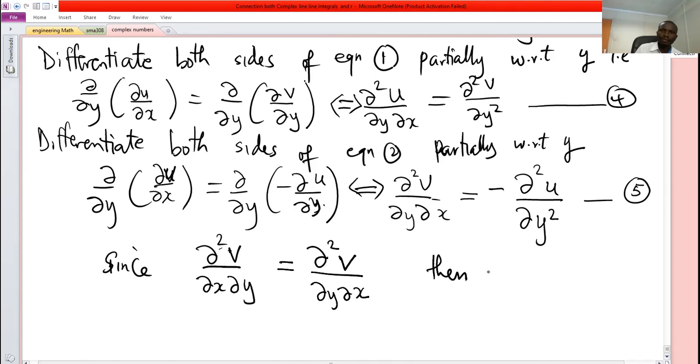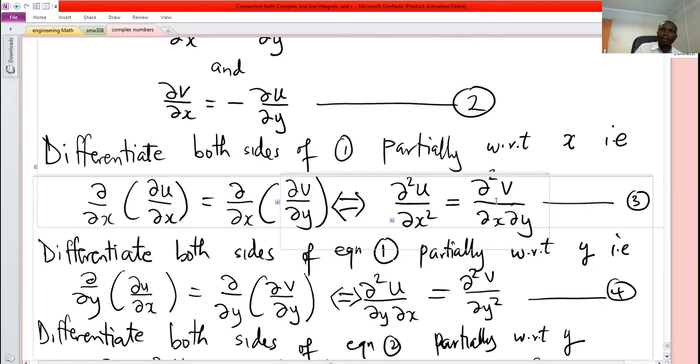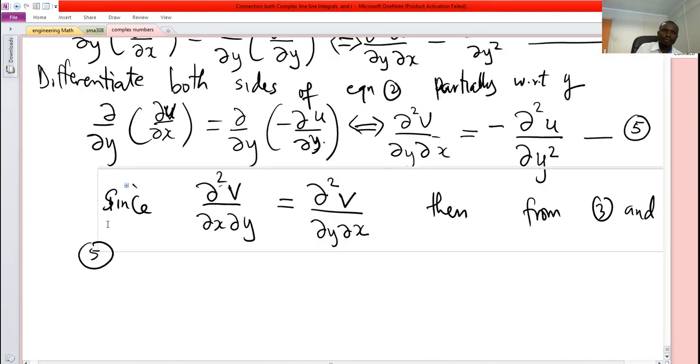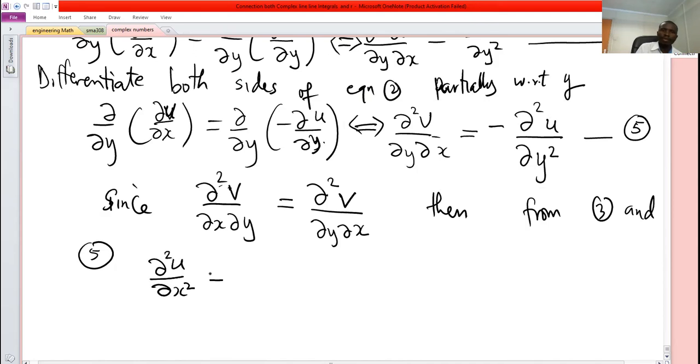Then from 3 and 5, we have partial squared u partial x squared equals minus partial squared u partial y squared.